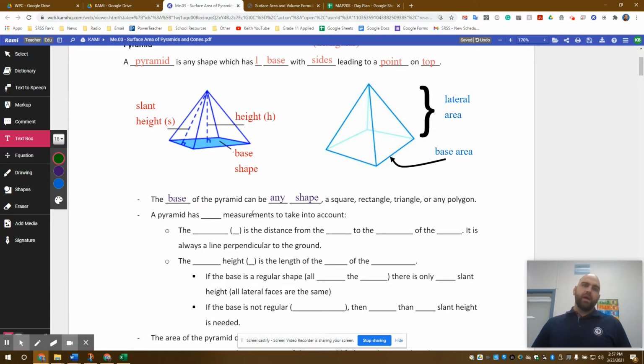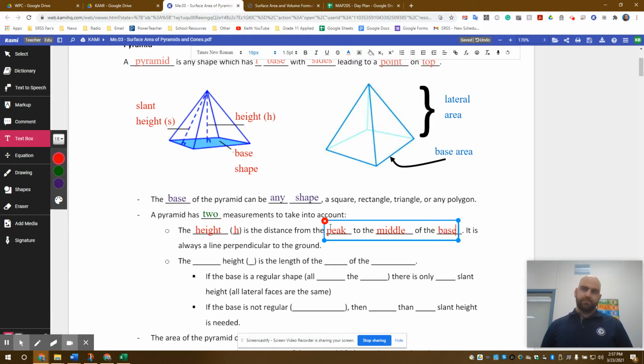A pyramid has two measurements to take into account. The first of those measurements is the height. And as we mentioned, that's H. This is the distance from the peak to the middle of the base.